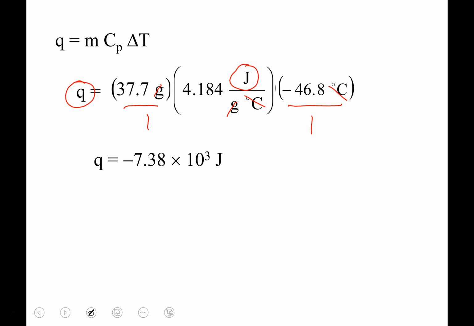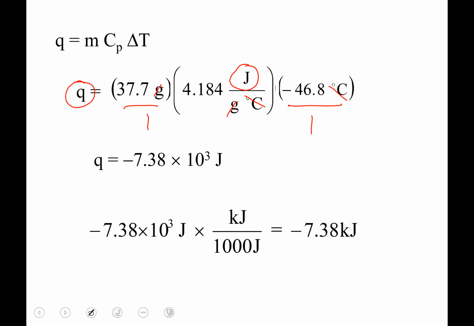Now I think there's one more step here. A lot of times it's easier to talk about kilojoules instead of joules. So although it didn't say, what's sometimes useful is to take that joules and convert it to kilojoules with this relationship. 1 kilojoule is exactly equal to 1,000 joules.